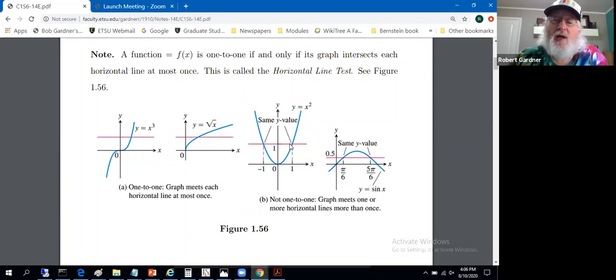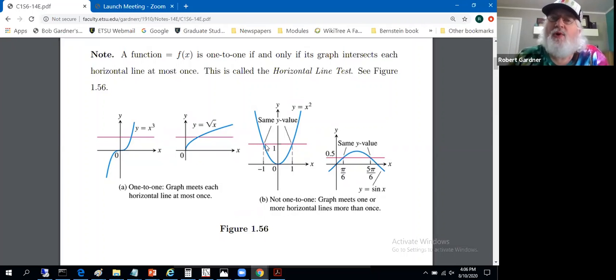Draw a horizontal line. At 0, a horizontal line passing through the origin intersects it in only one point. Lines below that don't intersect it at all. The problem is lines above that will always intersect it in 2 points. So here we put in two different input values, -1 and 1, yet we get the same output value.